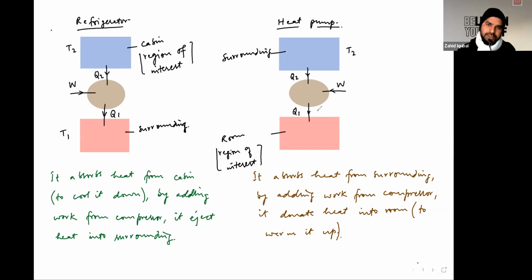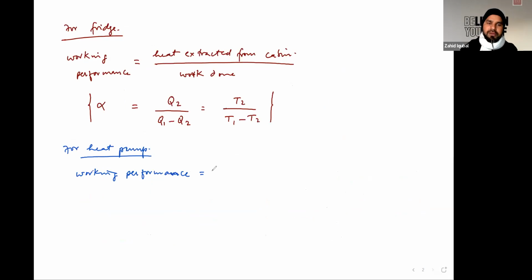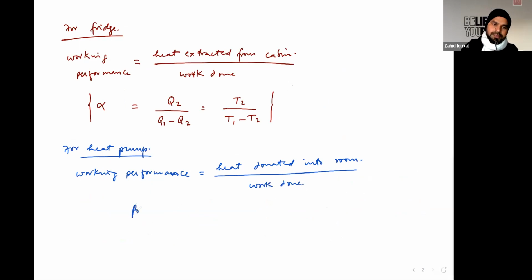So the ratio of these two quantity for the case of heat pump will define you its efficiency or working performance. So working performance in this part is heat donated into room to warm it up divided by total amount of work done by compressor. So working performance is beta, heat donated is Q1 divided by work done Q1 minus Q2. In terms of temperature, it will be T1 divided by T1 minus T2.